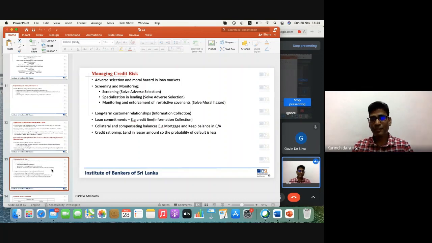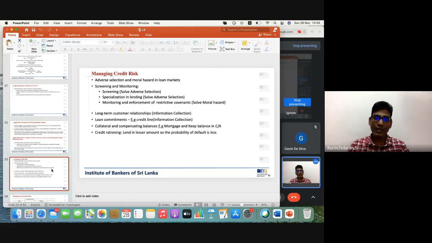Similarly, as and when necessary, you can have covenants for the customers: how much they can invest in various projects, and what ratios they have to maintain, gearing ratios or any other capital ratios or profit ratios. So the bank can fix the covenants and stop customers from taking unnecessary risk that is not in line with the bank's expectations, right?